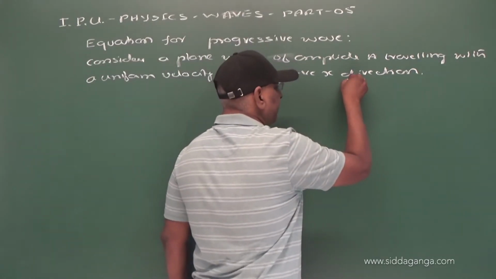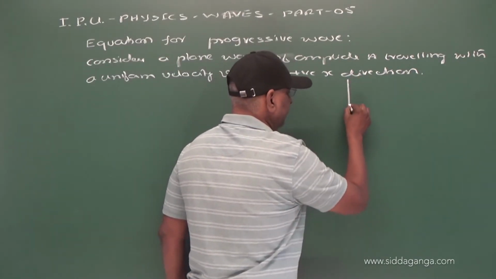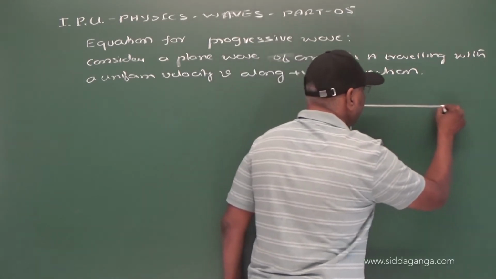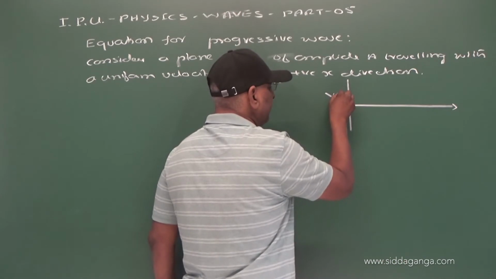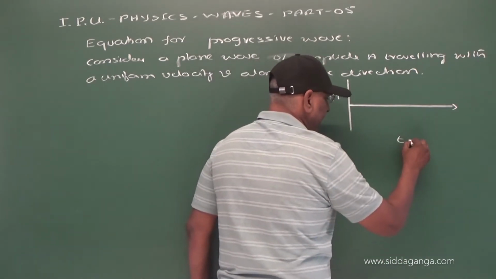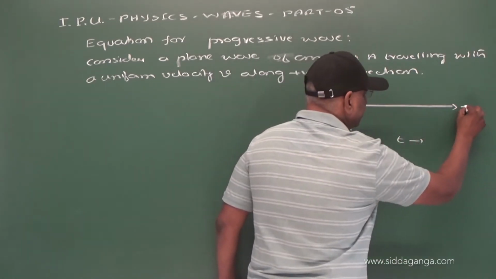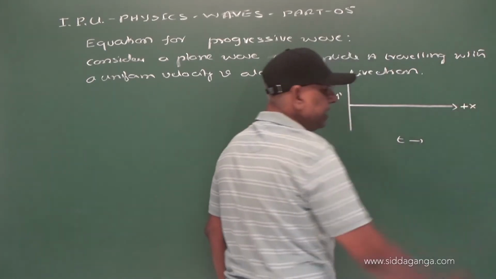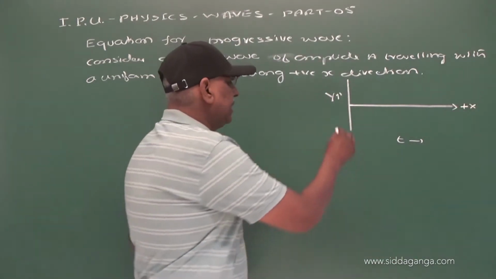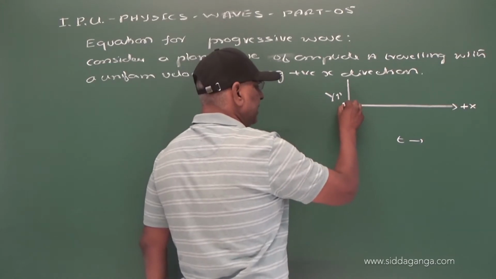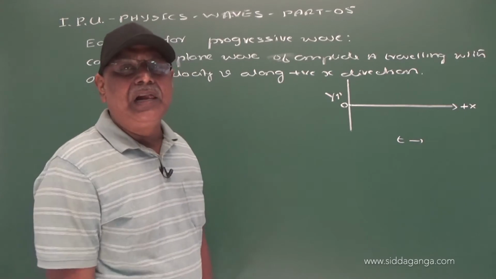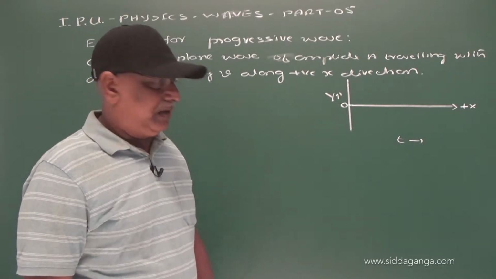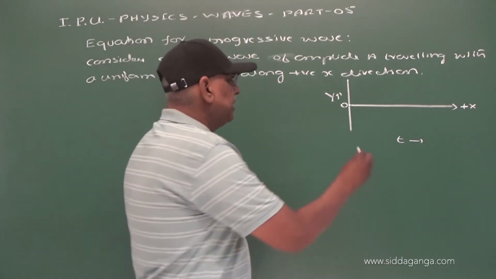So this wave can be represented like this by plotting a graph of displacement of various particles y against the time. This is the positive x axis, right? So let O be the origin, or the first particle to start vibrating.